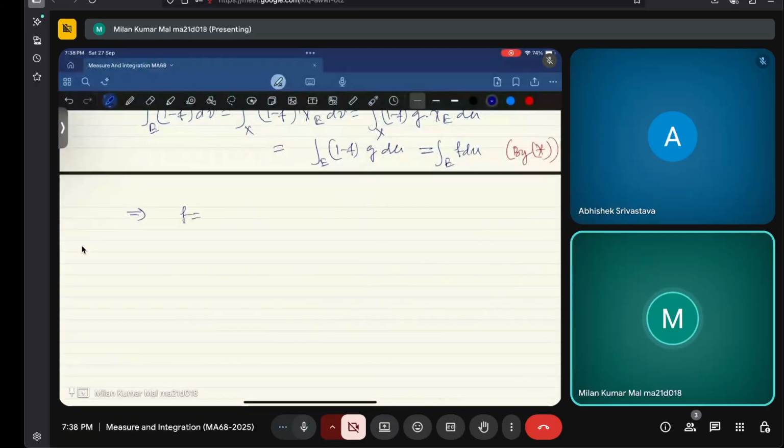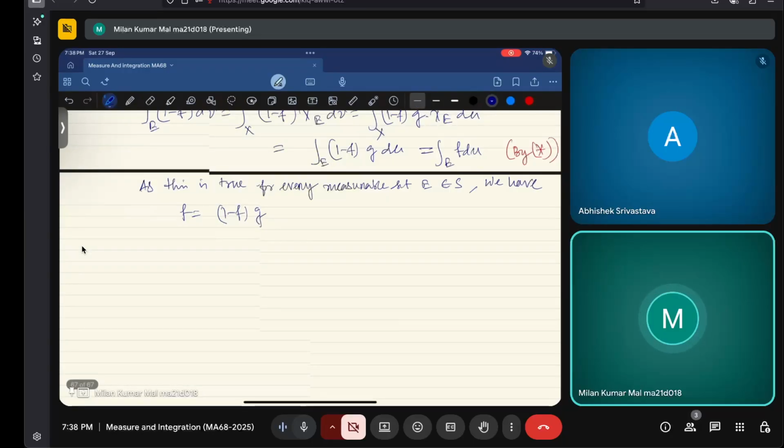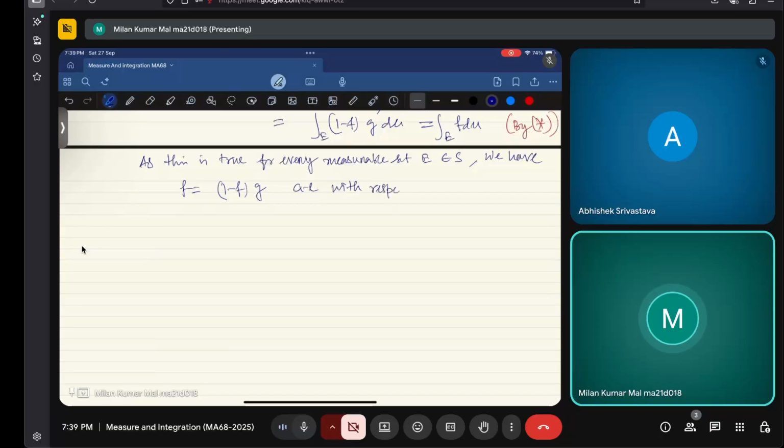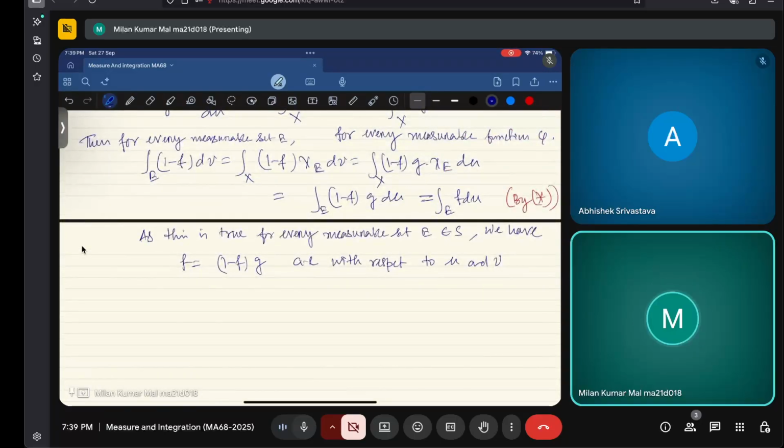So this gives that f is equal to 1 minus f times g, as this is true for every measurable set E in S. We have f equal to this almost everywhere with respect to the measure mu, and almost everywhere with respect to both measures, because here we have proved it so that you can take it inside any of them.